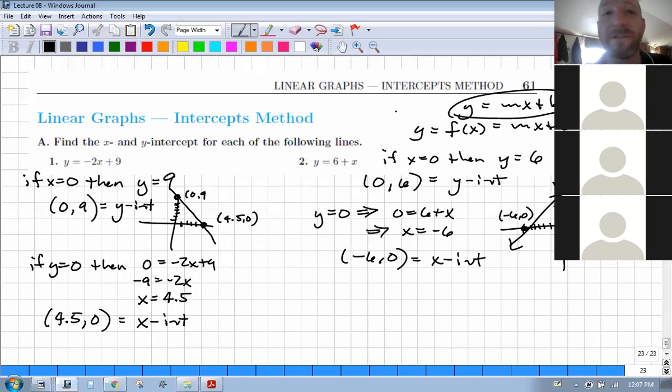Y is a function of x. Plug in a number for x, find out what your y is. All right. So this would be your x. This is your f of x or y. When I say f of x, I'm not saying f times x. That's a function of x.